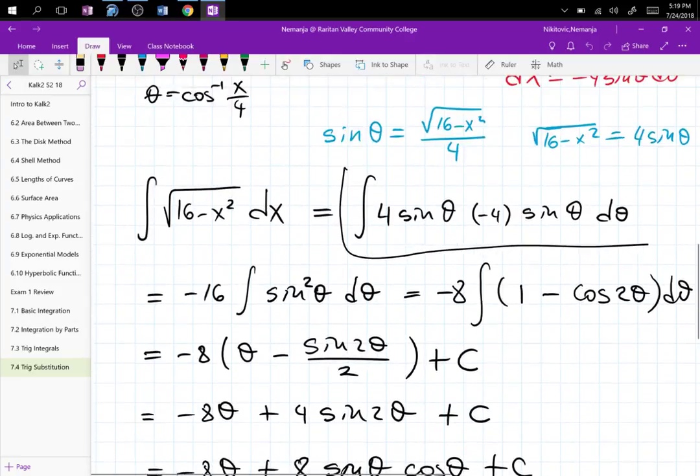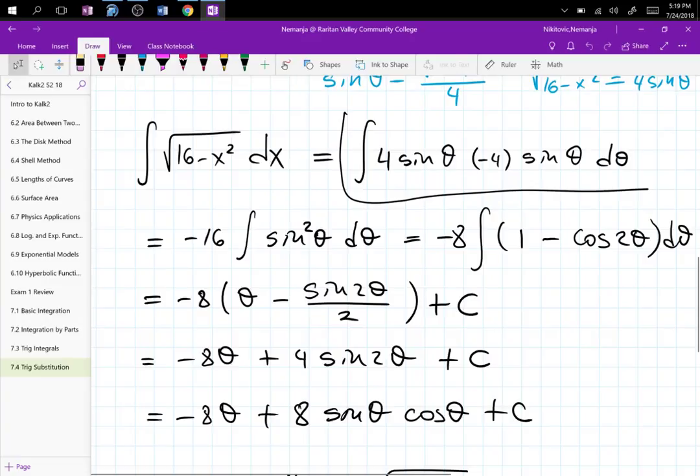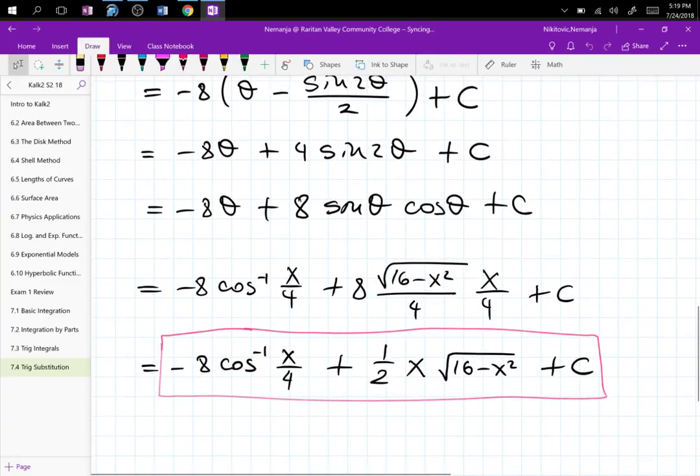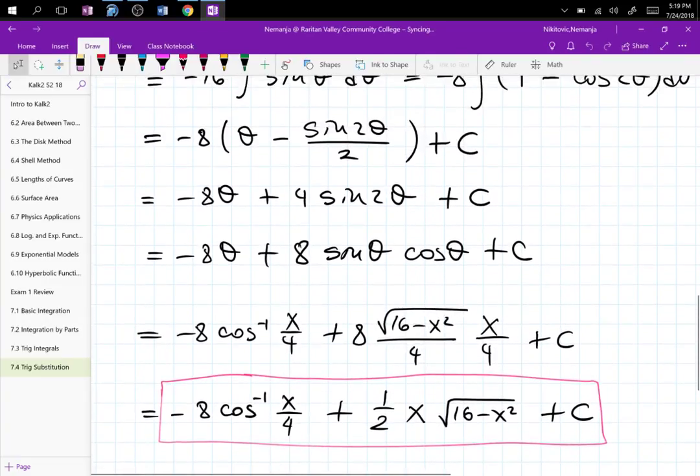Plug all the substitution in. Once all the substitution is in, you work until you get to the end where you have to go back from the trig into the x domain. Now, the way we do that is we replace theta with either cosine or sine, whatever you want.